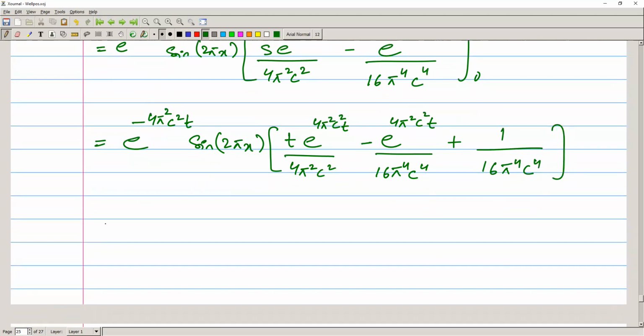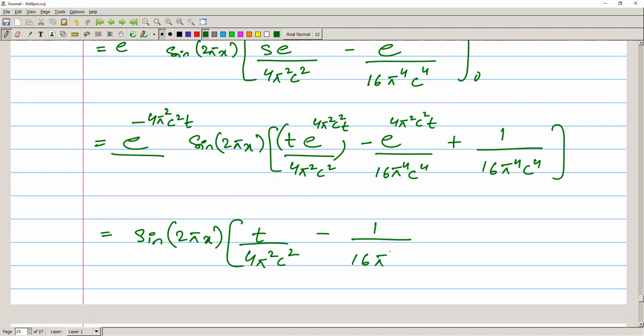We will multiply this function into the bracket, so sine 2 pi x is common everywhere. This multiplied by this one will be t over 4 pi squared c squared, then minus 1 over 16 pi to the power 4 c to the power 4, plus e to the power negative 4 pi squared c squared t divided by 16 pi to the power 4 c to the power 4, right? So this is our v2.